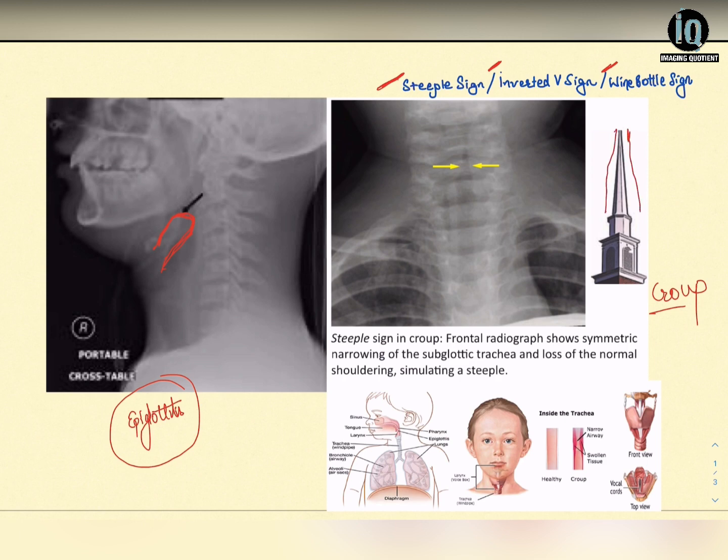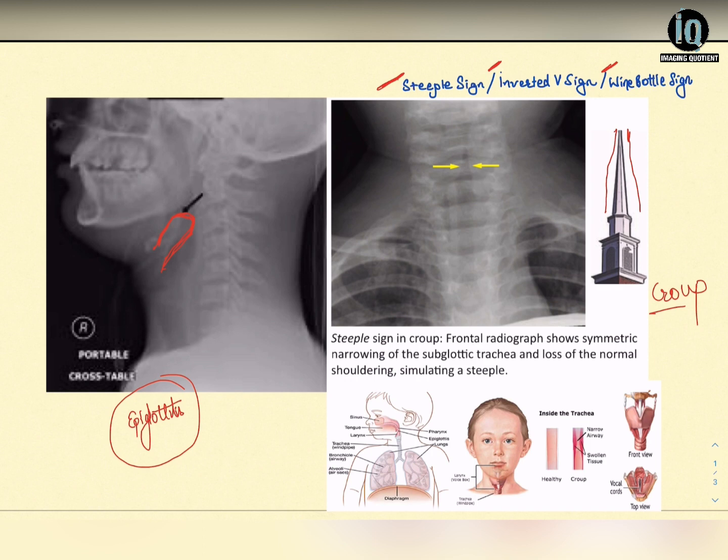So here croup is a viral condition in which causative organisms such as parainfluenza and respiratory syncytial virus affect the upper airway. So it is also called acute laryngotracheitis, involving the upper trachea and larynx, seen in the age group of 6 months to 15 years, but the mean age is around 18 months.